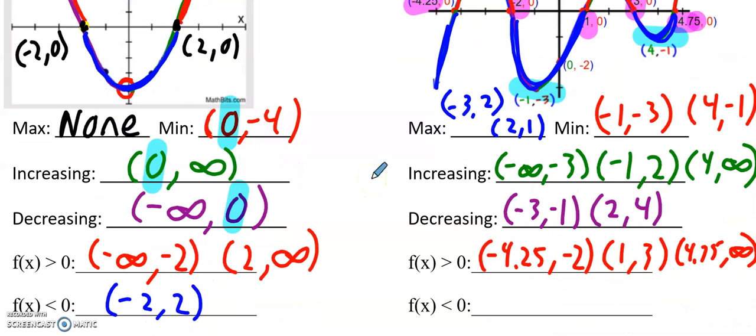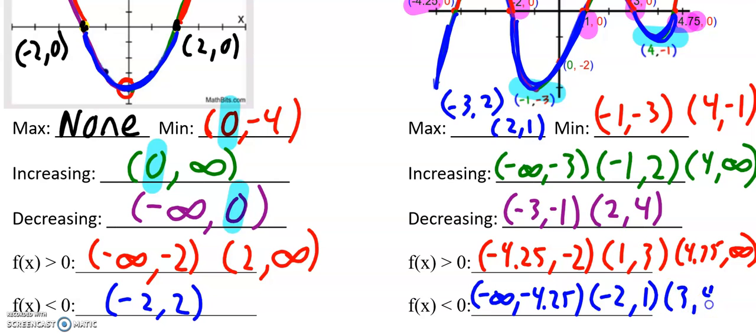So we're going to go from -infinity to -4.25, from -2 to 1, and from 3 to 4.75. Those are the x coordinates of where I'm below the x-axis.